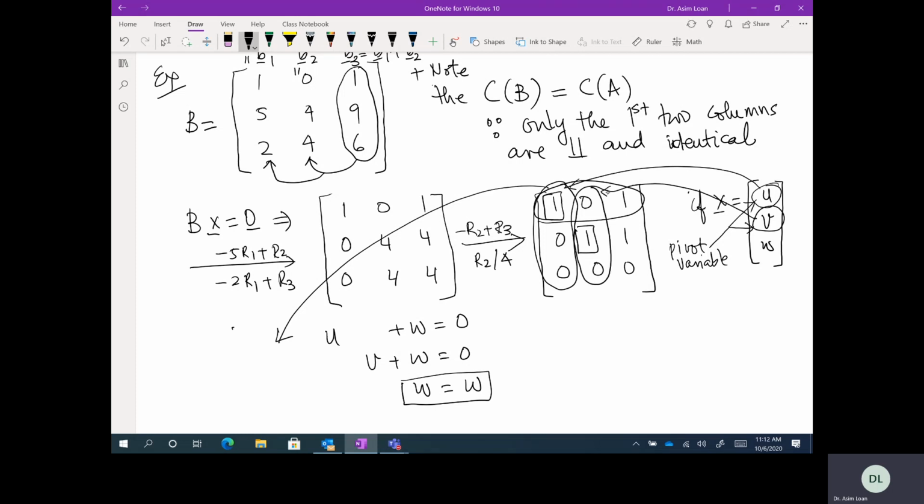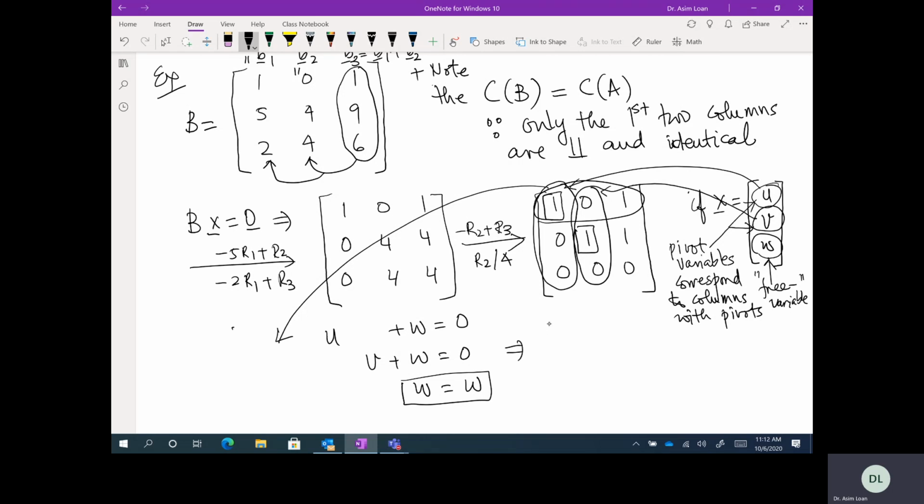So the pivot variables correspond to columns with pivots, and w is a free variable. A free variable can take on any value, and the free variables determine how many solutions we have. Whenever you have a free variable, you will always have infinitely many solutions.